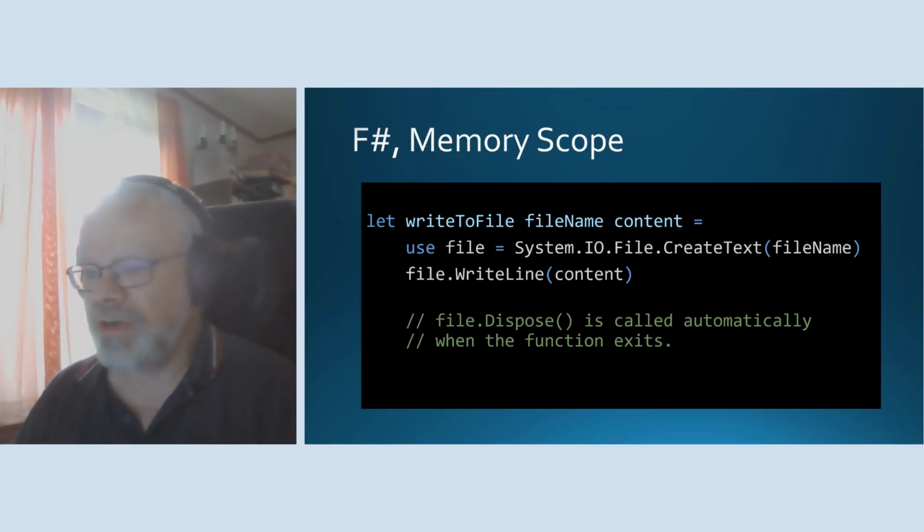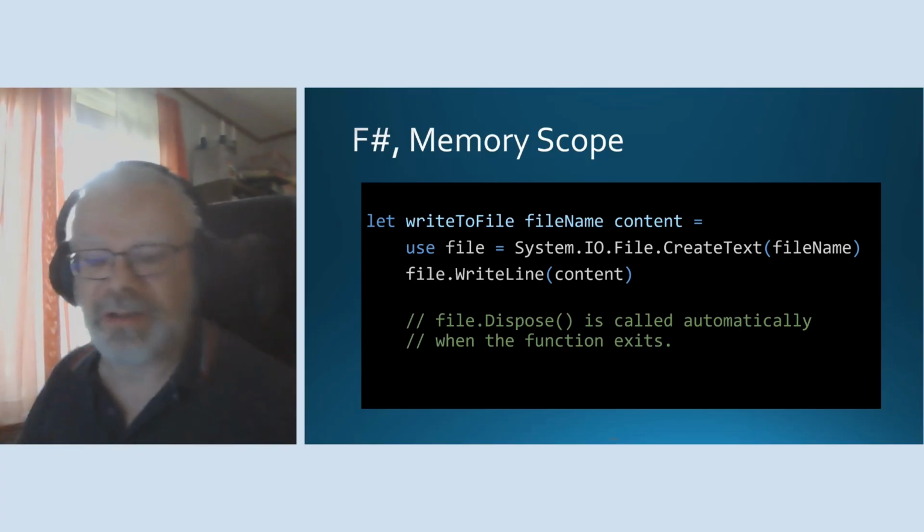And once we are done with writing data to this text file, we exit this function. That means the scope ends, the file will be disposed, it's closed and removed from memory. And that could be good because we don't want to keep files open, lying around. Well, don't know when it will be closed.